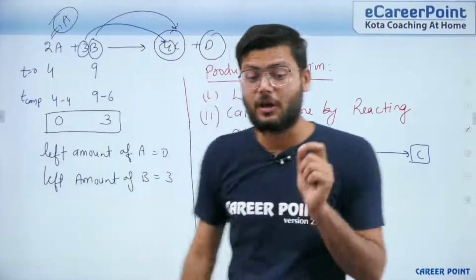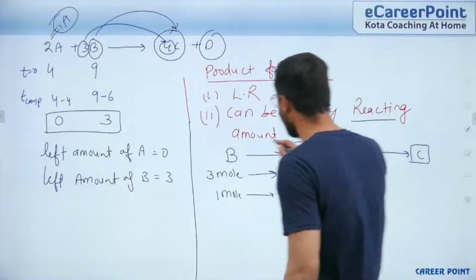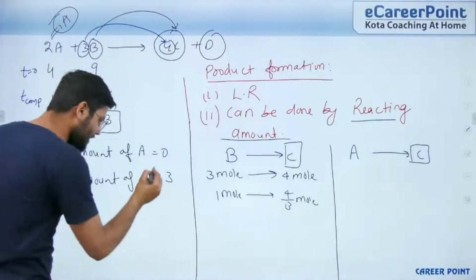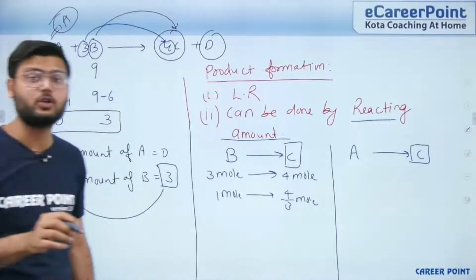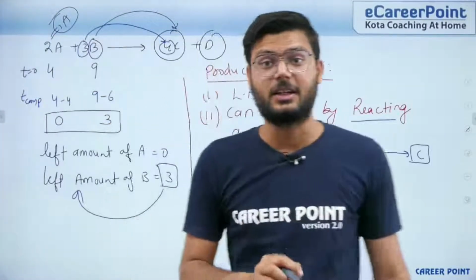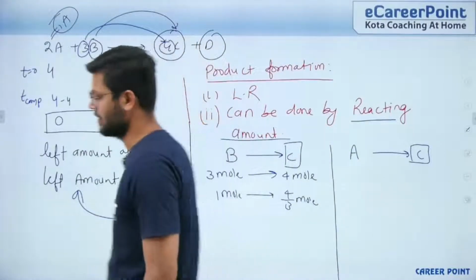Be careful about what I am saying: product formation is done by the reacting amount. So this left amount of 3 mole is not the reacting amount, it is the amount which has not reacted. The only amount of B which is reacted is 6.